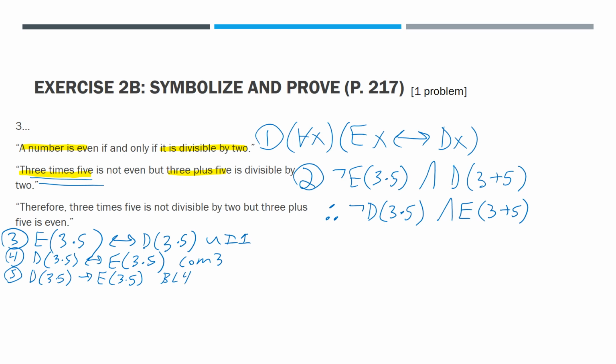We can simplify from line 2, so for 6 we can get not E 3 times 5. So this is a simplification of 2.